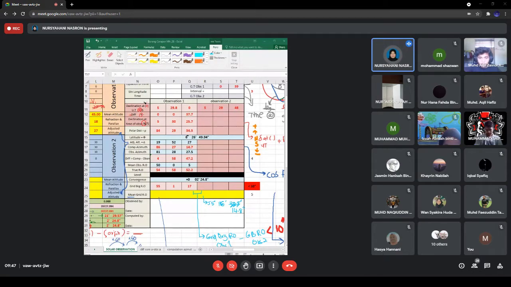Yang ni siapa yang color-color ni? Akmal Hakim, kamu tak payah color-color. Saya color because of the reason I want to see the difference between the different answer di kalangan kamu ni. That's why saya color. No need to color. Okay.